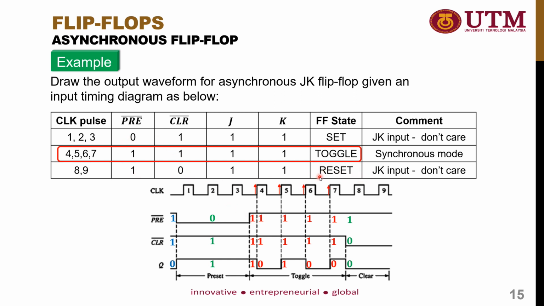So the output will automatically become 0. It doesn't matter what the input clock is. Until the end of the waveform, it will maintain the output of 0 because PRE bar and CLR bar are maintained at 1 and 0 until the end of the waveform.